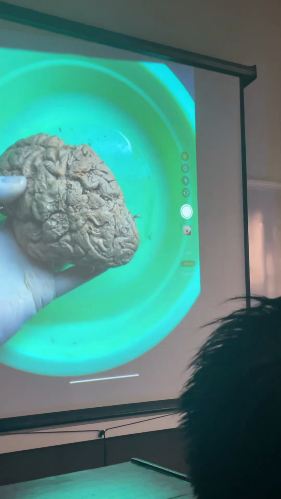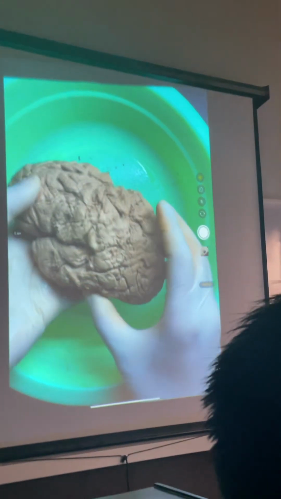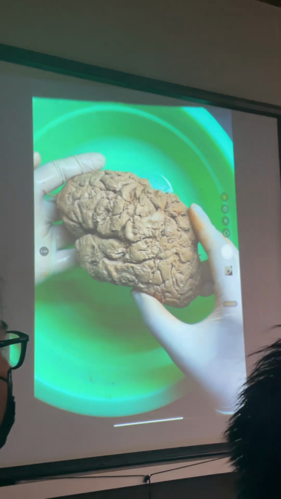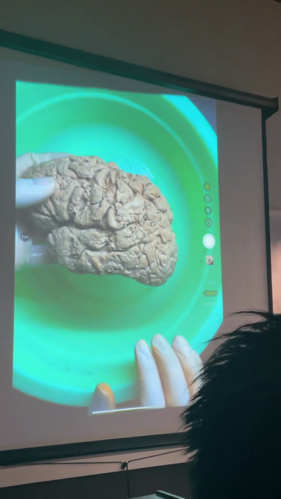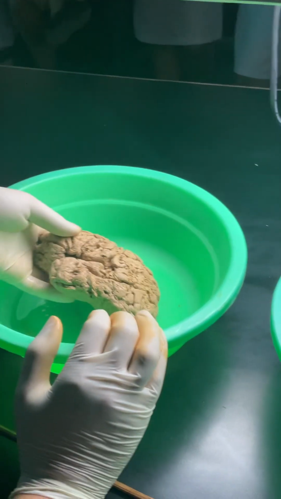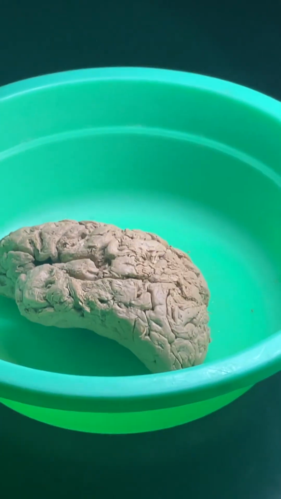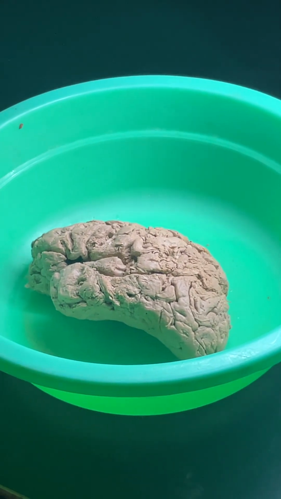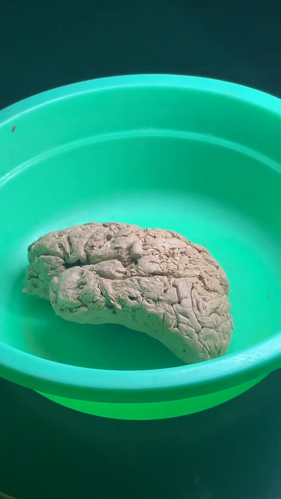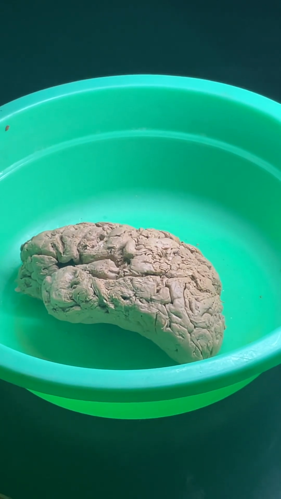Just remember the gyri and the sulci. Was I able to explain the surface area? I forgot to explain the surface area. Sorry. You mentioned the gyri and the sulci increase the surface area of the brain, right?